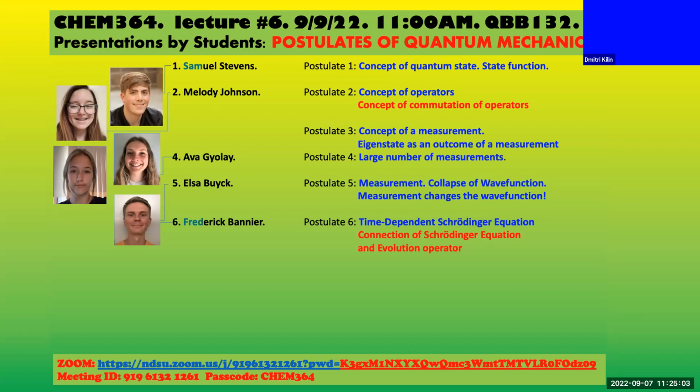So T of t is e to the power minus i over ħ, energy times t. It's imaginary. Does it look similar to this one? Yes. But here it is something that depends also on position on the trajectory, and here it depends only on time.